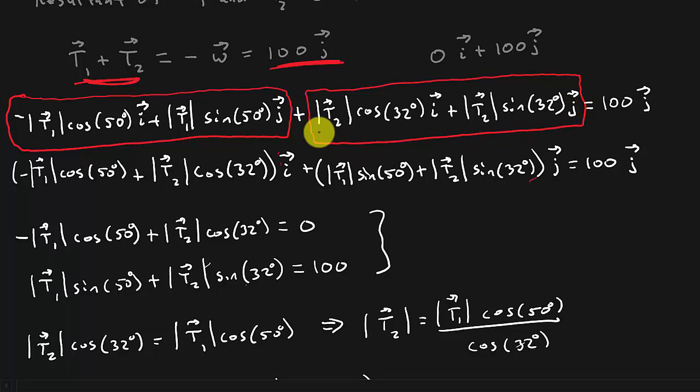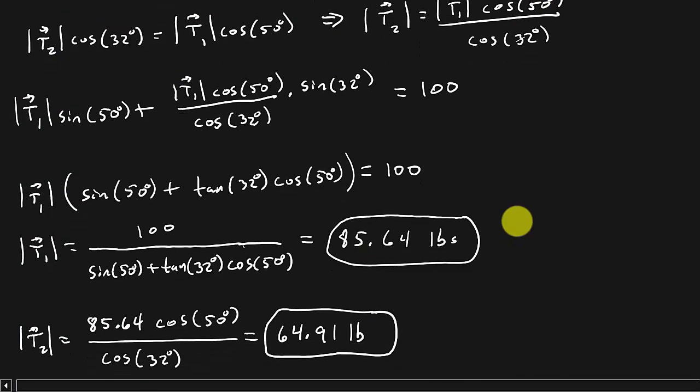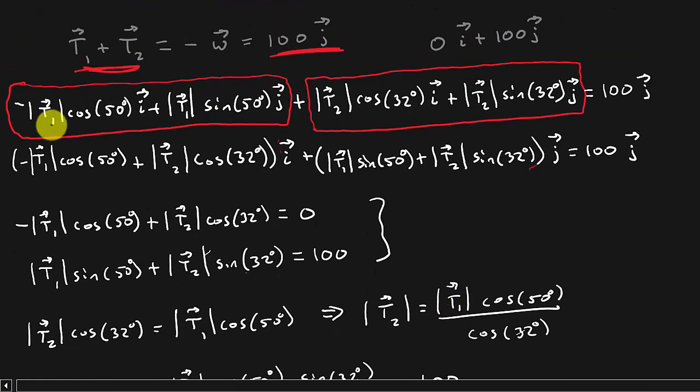So what we're going to do is plug the values we got for T1 and T2 into here and do that times cosine 50, and then T1 times sine 50, then T2 times cosine 32, and T2 times sine 32.